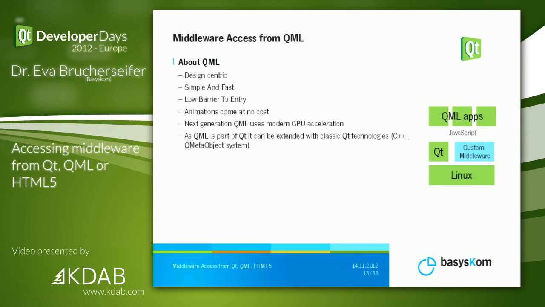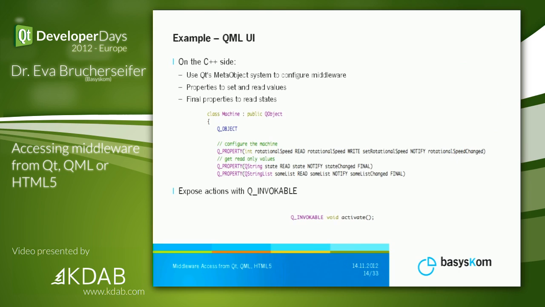Yes, and the next pro is that QML is part of Qt, so you have all the advantages of Qt also in QML. So it's very easy to extend QML on the Qt side with C++ code.